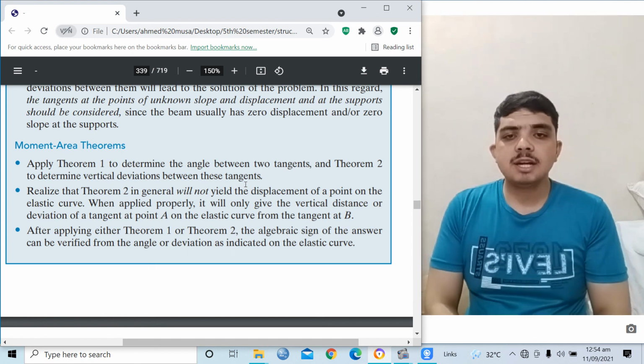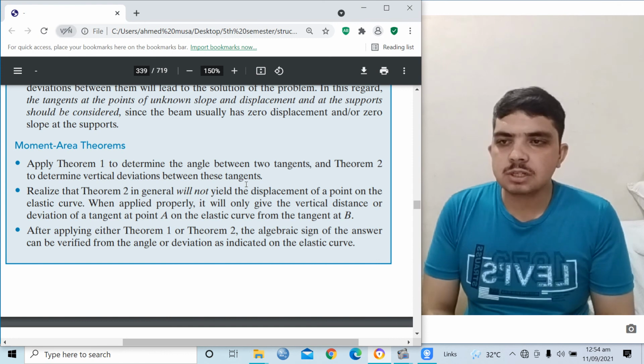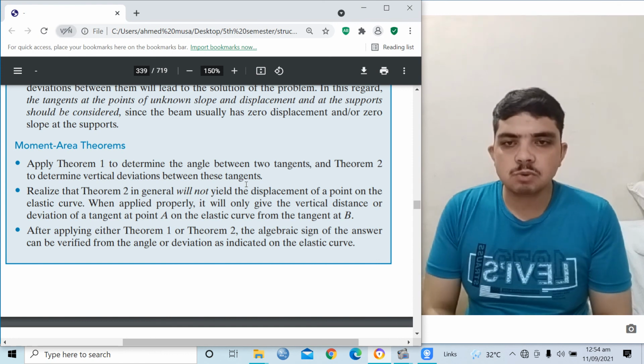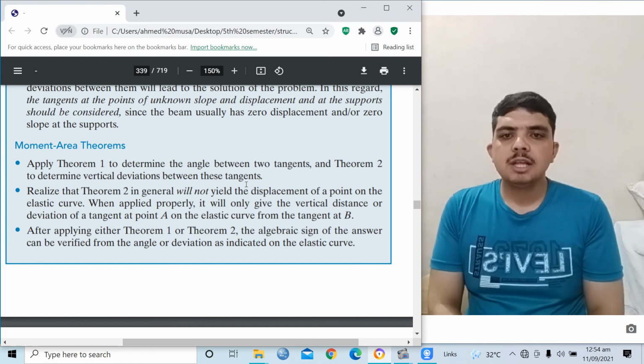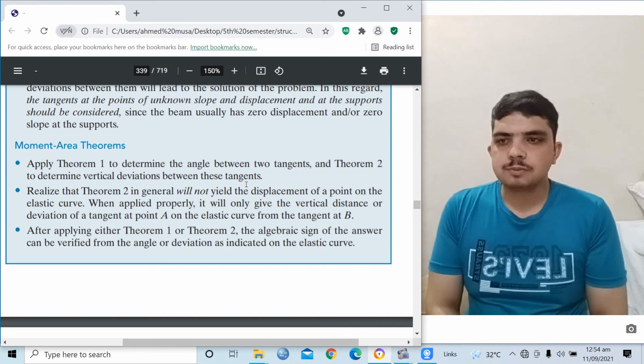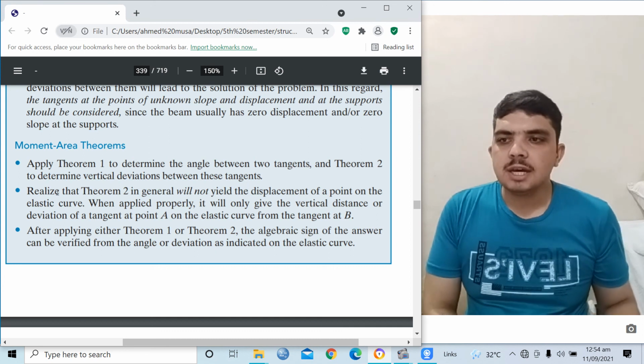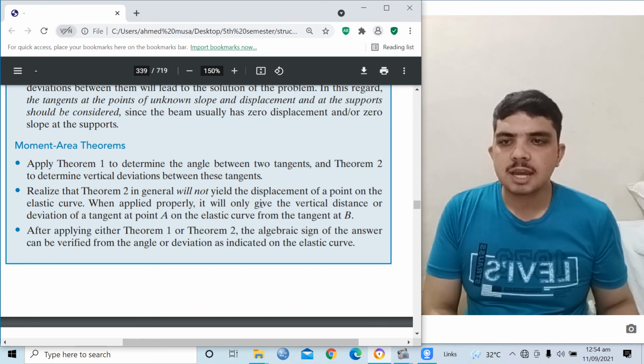If we are required to find the vertical deviation or vertical displacement between two points, then we apply theorem number 2. Realize that theorem number 2 in general will not give the displacement at a point on the elastic curve. It will only give the vertical distance or deviation between two tangents, for example tangent A and tangent B.